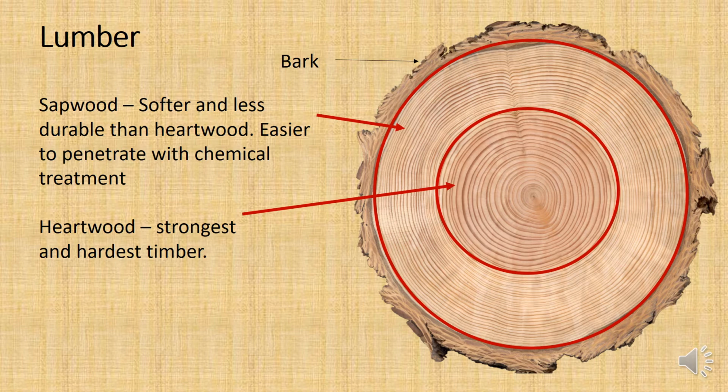Basically, it can rot a lot faster than, say, heartwood. But there is an advantage. If it can be penetrated with a liquid, you can penetrate it with a chemical, and this is called chemical treatment. We'll look at this later, but chemical treatment can stop a lumber or a timber from rotting. We'll talk more about that later.